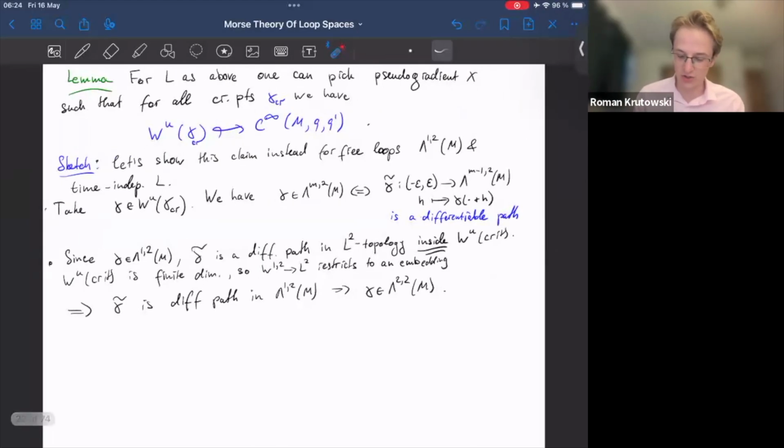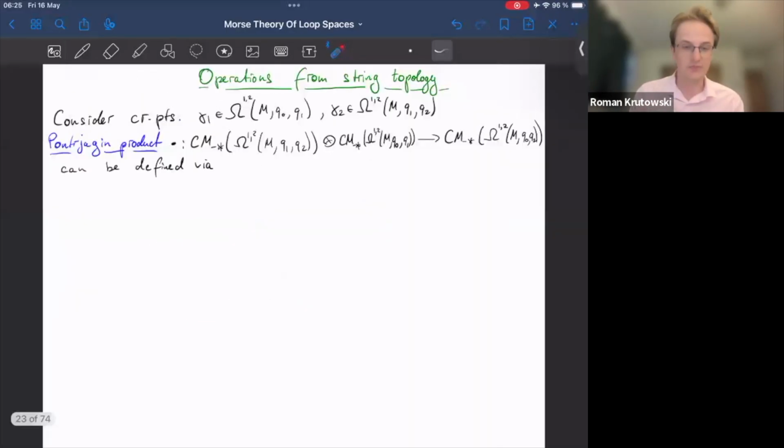So therefore, this path, since it's differentiable with respect to the smooth structure here, is actually differentiable in L1,2, and we get that it's smooth in L2,2, and now we can bootstrap from here. Okay, so this result will be important, although maybe we could use some polyfold approaches, but we work slightly more classically.